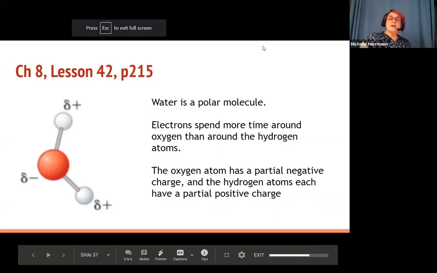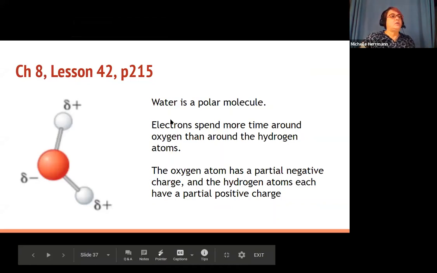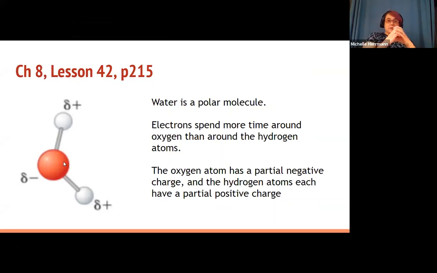When we talk about water, we have oxygen in the middle, and it has 2 hydrogens sticking out of it. You might remember that oxygen is in the upper right-hand corner, so it pulls on electrons really well. So the electrons are going to spend more time around oxygen than around hydrogen.